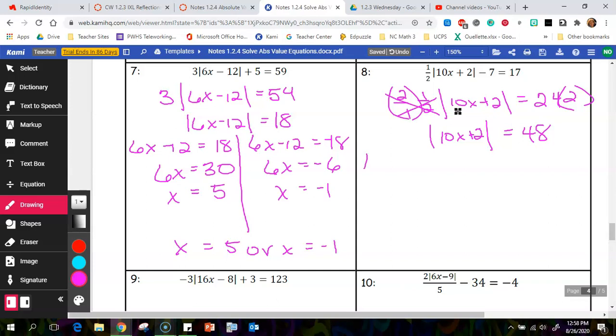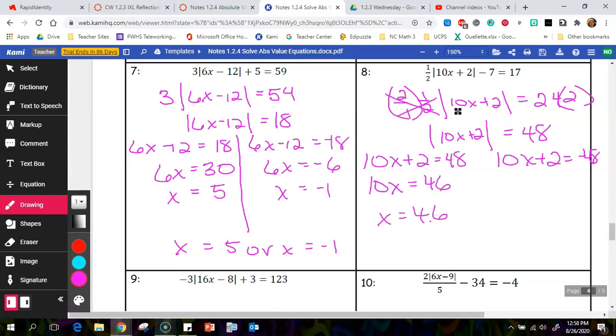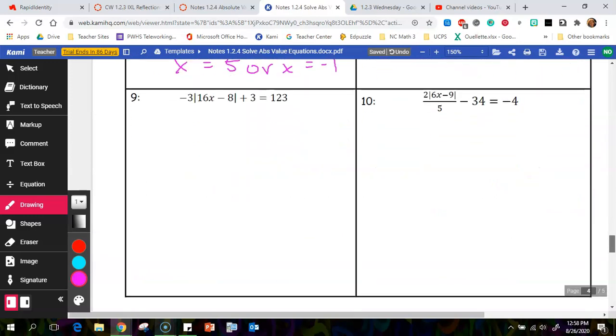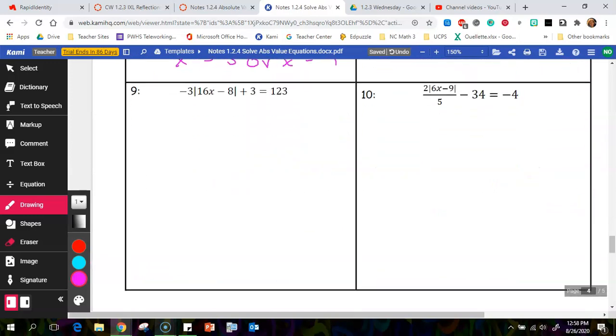Now I can set up the 2 equations. We'll just put a decimal for that, 4.6. All right, pause your video and see if you can get the next one.